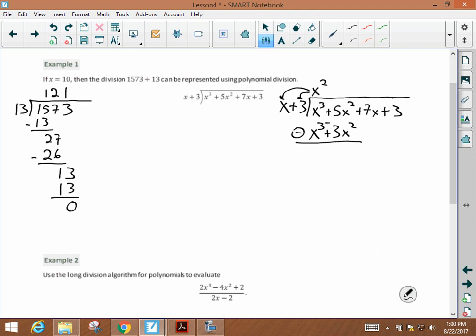That one's positive, I'm going to make it negative. And now I'm going to add. So I am subtracting these two, but instead of actually subtracting, I distribute a negative sign and then add. It just helps me personally to make less mistakes if I do it that way. And then I like to circle it so that I know that I changed the sign. It really helps me to stay organized and make a lot less mistakes.